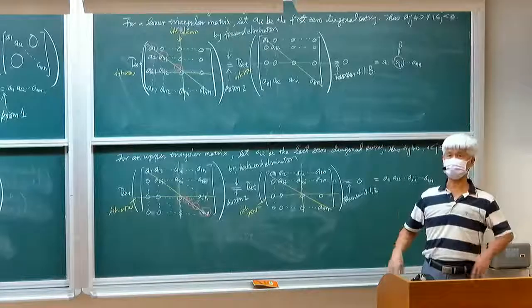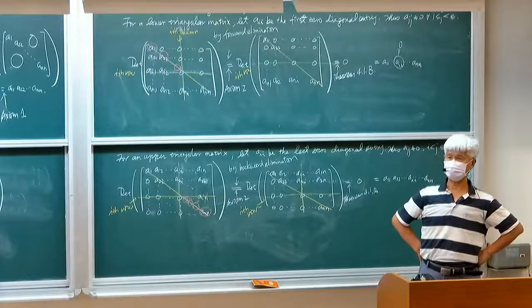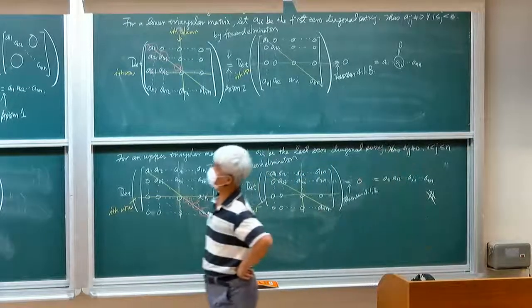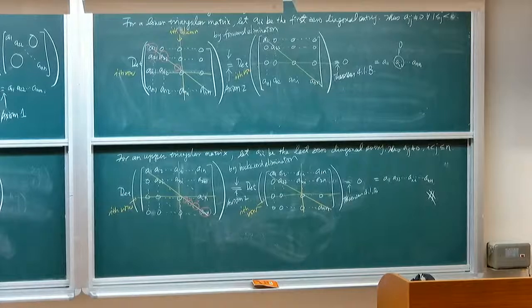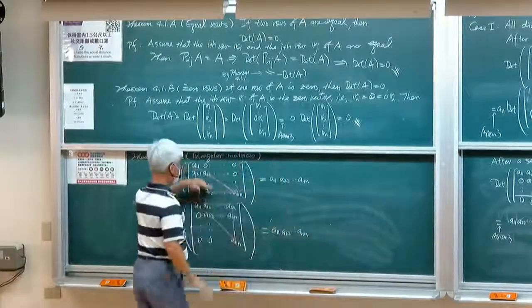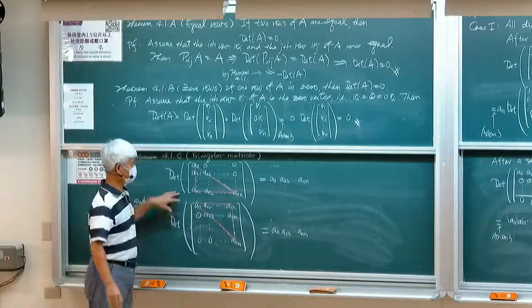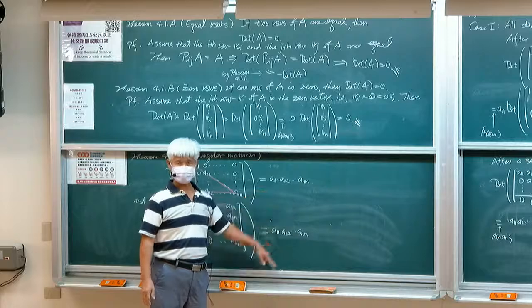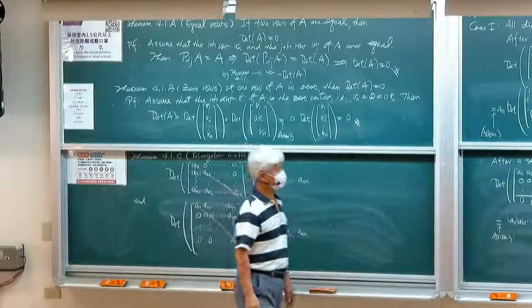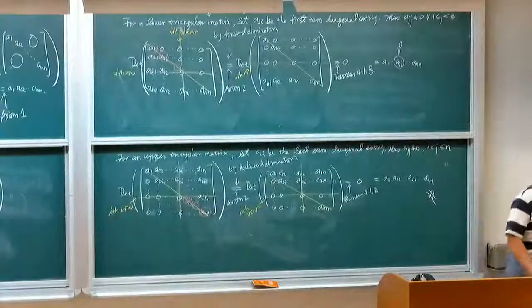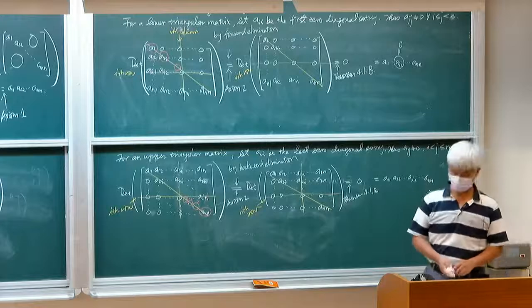So both cases are covered. All right, so we finished the proof that for triangular matrices, the determinant is equal to the product of their diagonal entries. Okay, so I stop here, and you have to prepare for quiz number 6.